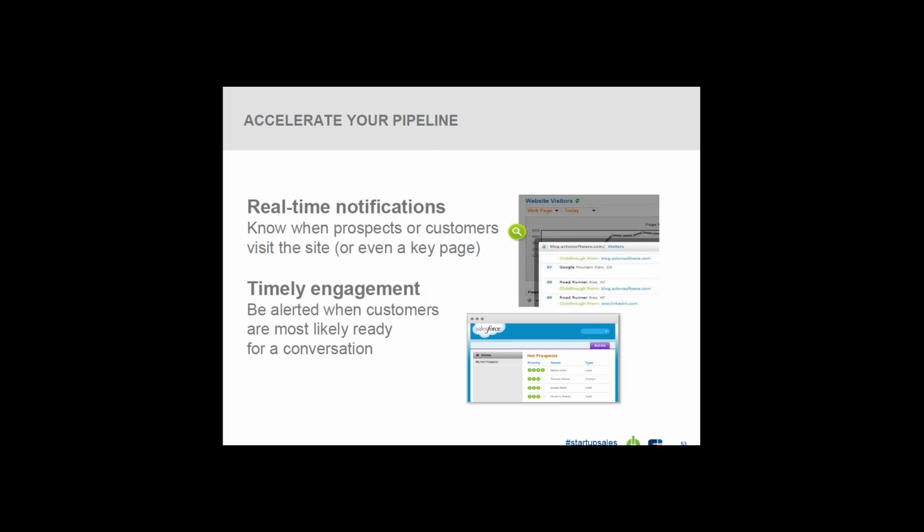And then making sure that they have access to when customers are more likely to have a conversation, in your existing customer base. What are they doing? What's their activity on the site? How are they interacting and engaging with your brand? And when are they ready to upsell and to move forward?